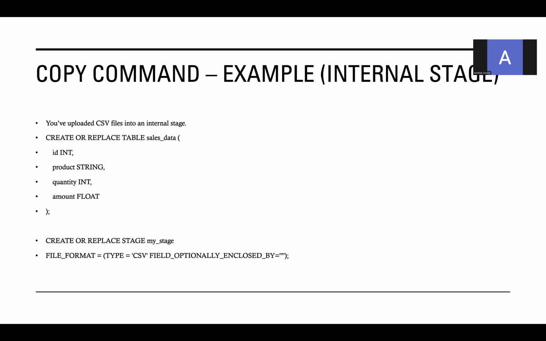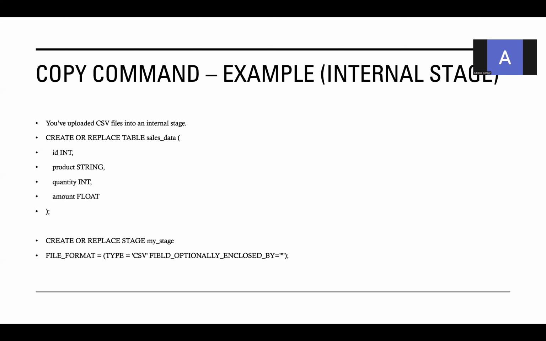Copy command example, internal stage. You have uploaded a CSV file into the internal stage. Now you are going to create the table for that CSV file. Now create or replace stage my stage, file format equal to CSV, field optionally enclosed by the double quote. So this is the copy command for the internal stage.